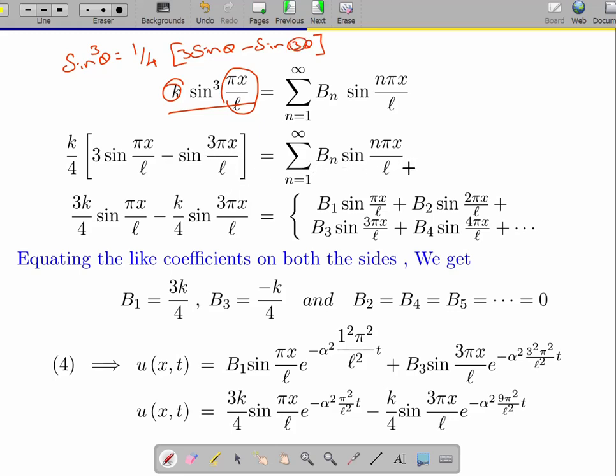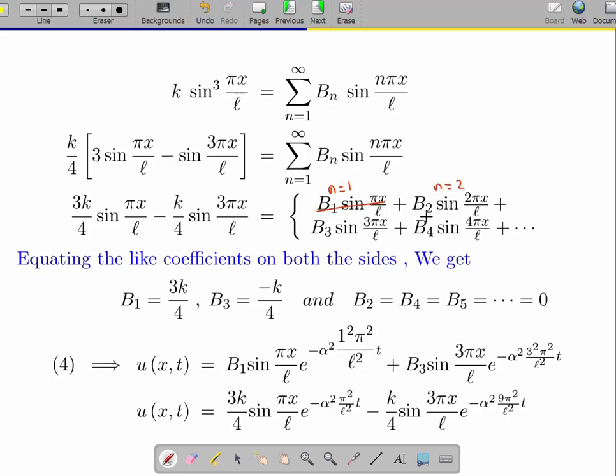That is equal to the summation. Now I replace n equal to 1 here, and we get this case. For n equal to 2, we get b2 into sine 2 pi x by l.